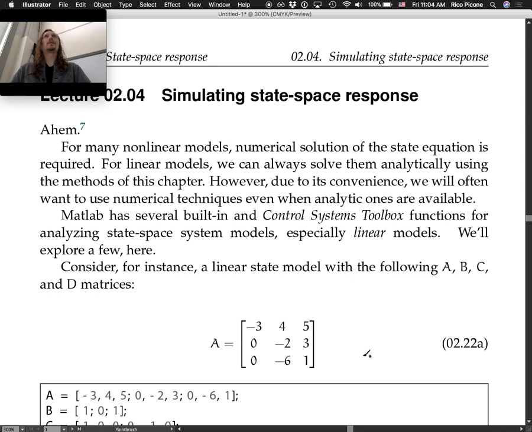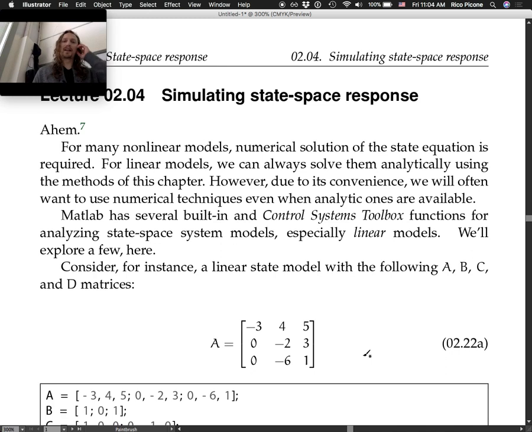In this lecture, we're mostly using numerical techniques, but we're also going to use the analytic technique that we solved for, though we are going to numerically integrate, because we're using MATLAB, and doing anything in symbolics in MATLAB is hard. Not impossible, but hard.